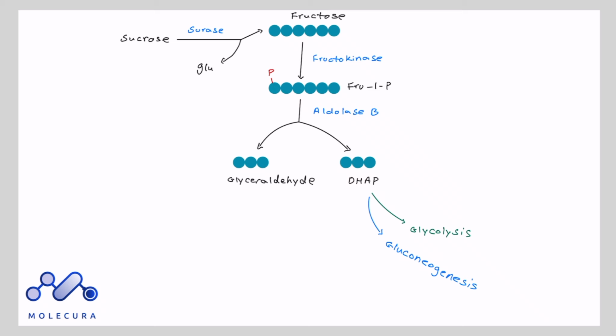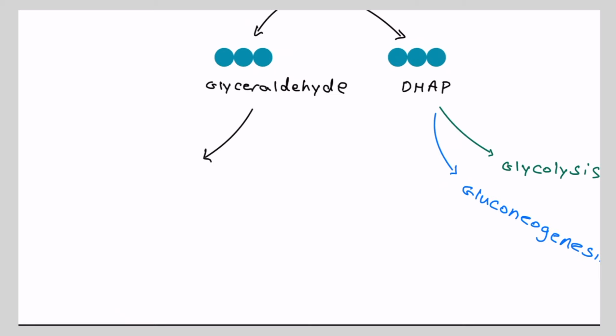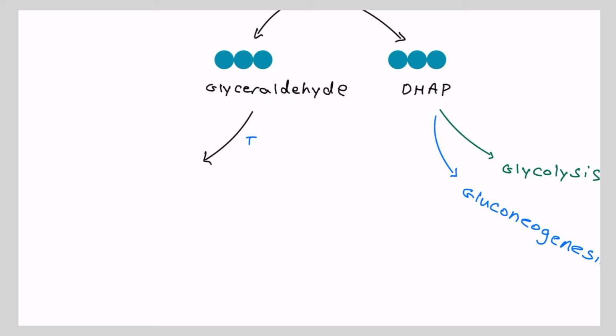Now our glyceraldehyde needs to undergo another reaction to be converted into glyceraldehyde 3-phosphate. And glyceraldehyde 3-phosphate is going to be made through the action of an enzyme that is called triose kinase, which is a kinase. And it's going to be converting our glyceraldehyde into glyceraldehyde 3-phosphate.